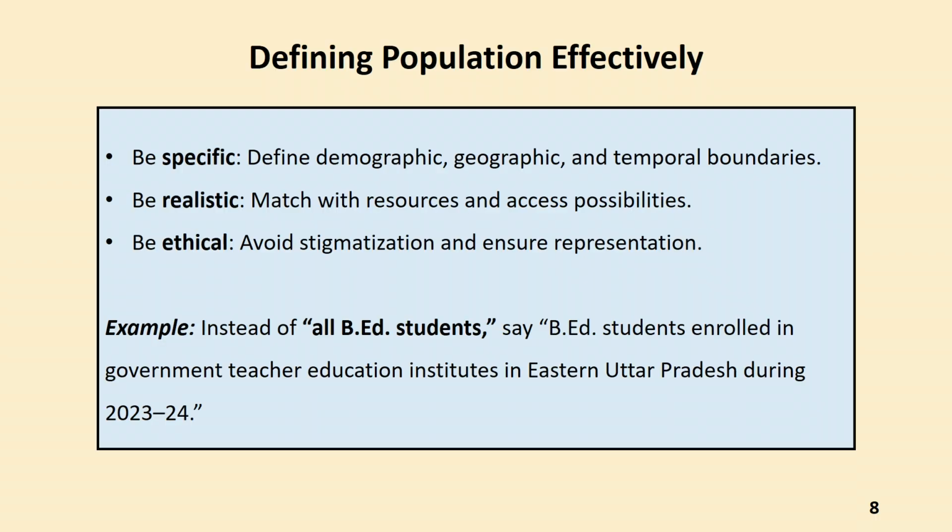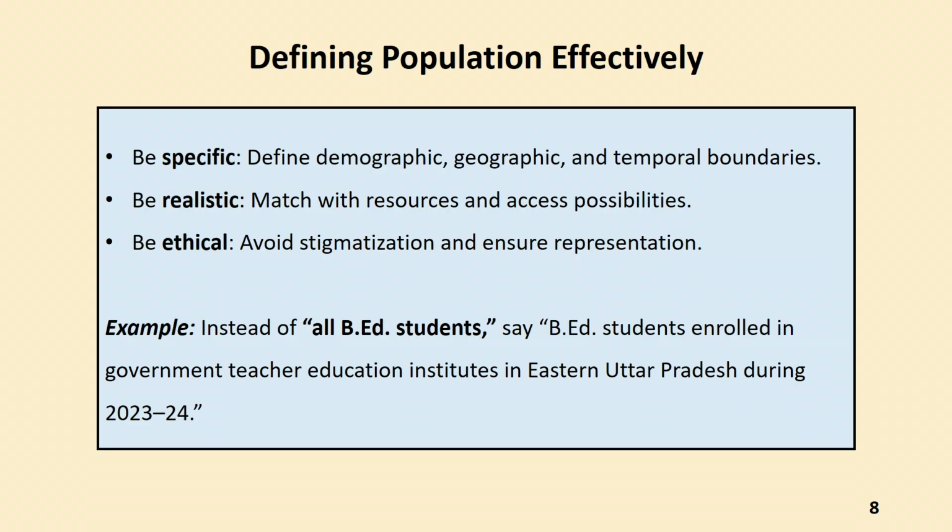Now, how to define a population effectively? You can see on the screen there are some important measures with the help of which you can define your population effectively. Number one, be specific. It is very important and useful for a researcher to understand why you have to be very specific in defining your population. Define demographic, geographic and temporal boundaries.